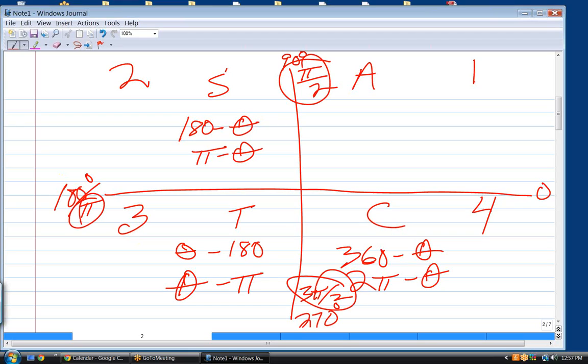So where's 3 pi over 4? Notice that 3 pi over 4 is less than pi, but greater than pi over 2. That's how you do it, basically. Figure out if it's greater than or less than pi to start with, and then place it in the proper quadrant. So 3 pi over 4 is in the second quadrant.